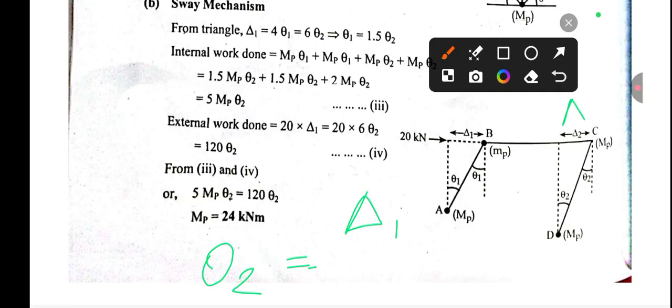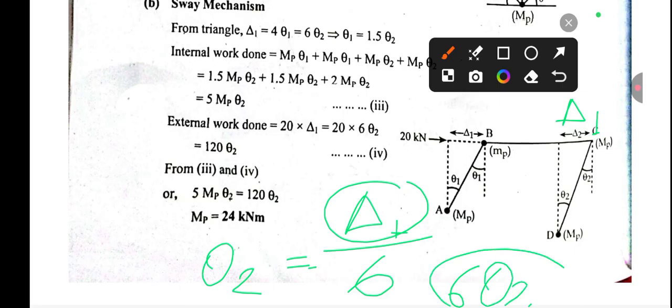Delta 1 is p by b, and b you can see here is 6. So the value of delta 1 can be written as 6 theta 2. Okay, so in the place of delta 1 due to external load we can write 6 theta 2. So this 20 into 6 theta 2, finally we get 120 theta 2.